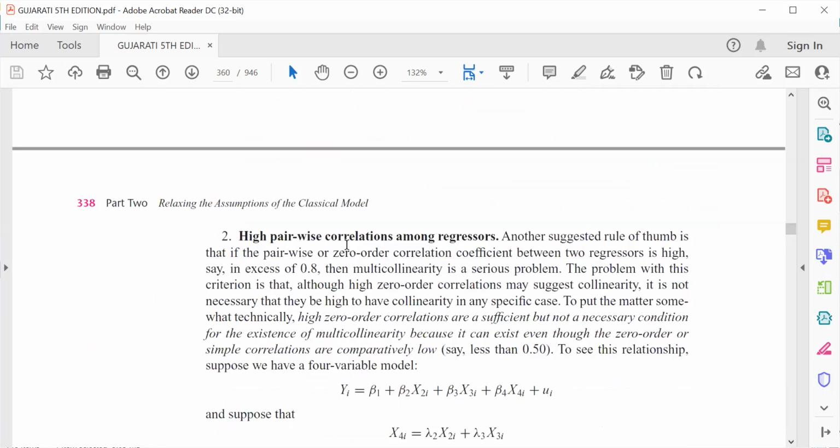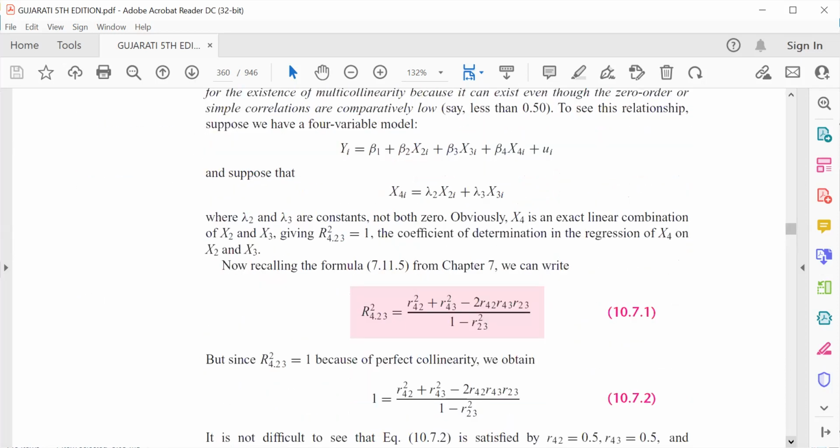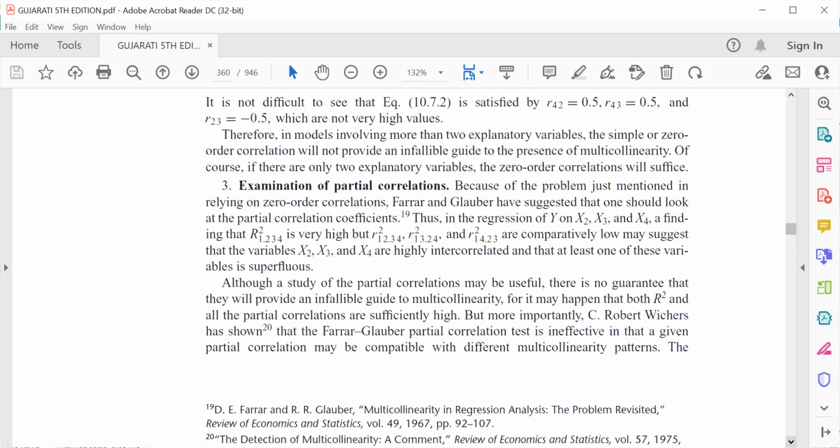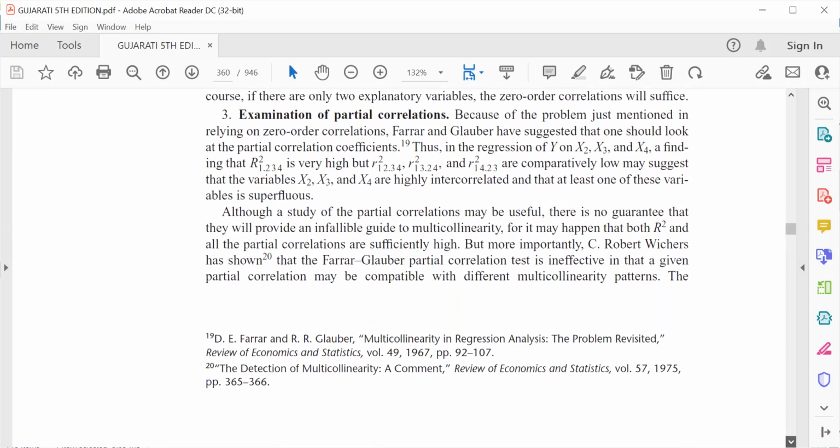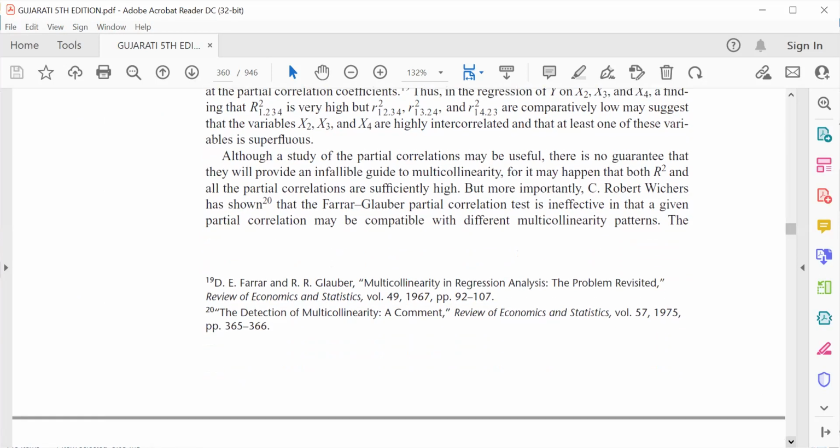High pairwise correlations: pairwise correlation means the correlation between x2 and x3, or x3 and x4, etc. Examination of partial correlation: we can calculate the correlation between x2 and x3, x2 and x4, x3 and x4, etc. If we have high collinearity among the regressors, this means we have high multicollinearity.